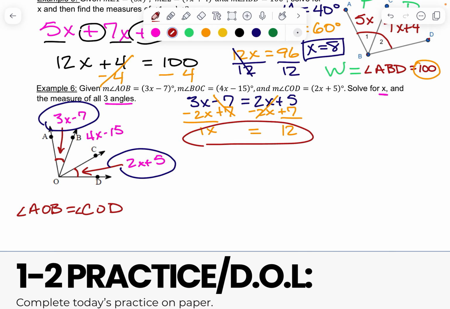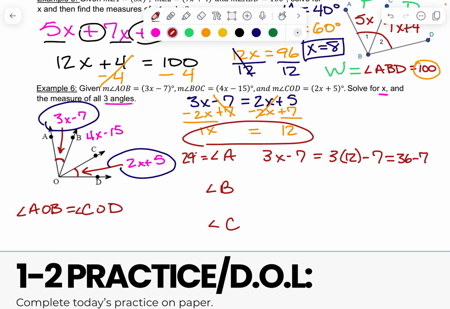Now we can take that x and plug it into every single one of these. So we'll go angle A, angle B, angle C. Angle A is 3x minus 7, so that's going to be 3 times 12 minus 7, which is 36 minus 7. So angle A is going to be 29 degrees.